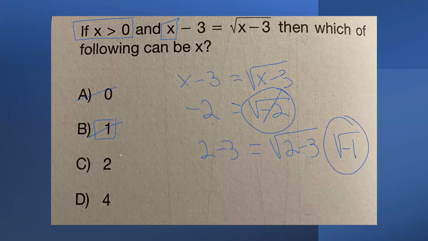So the only possible answer, since 2 for x doesn't work, has to be 4. And that was just substituting into the equation and eliminating my answers without actually solving for x. That would be maybe for the long video, but not now. I'm trying to teach you some shortcuts too.